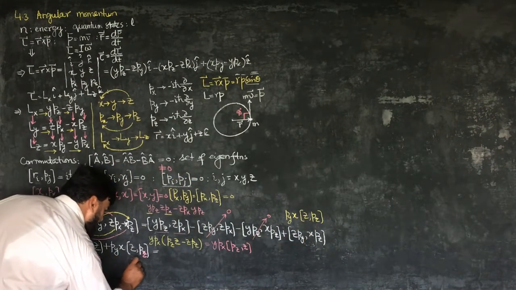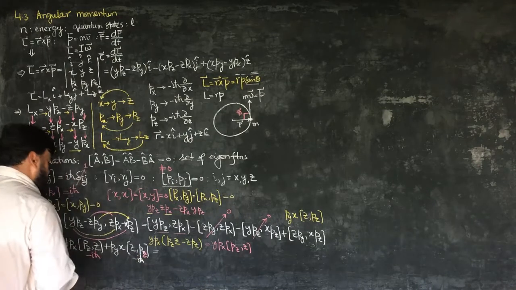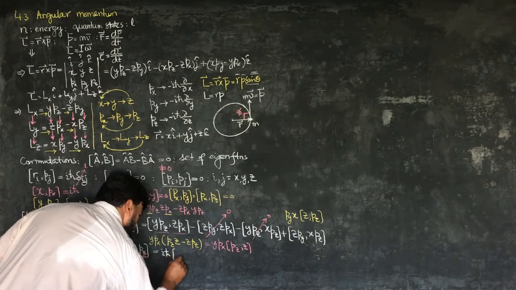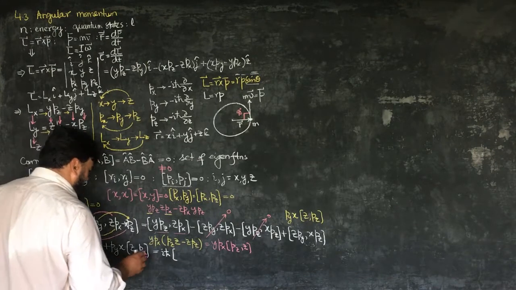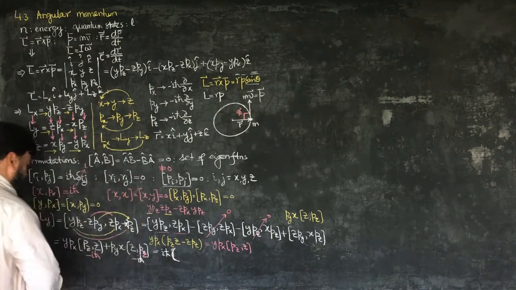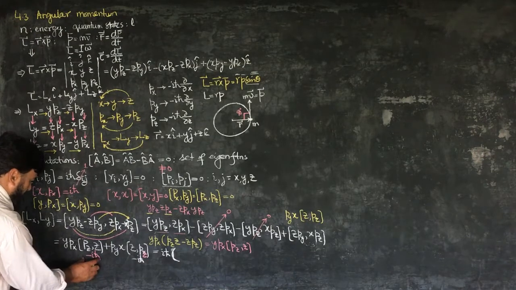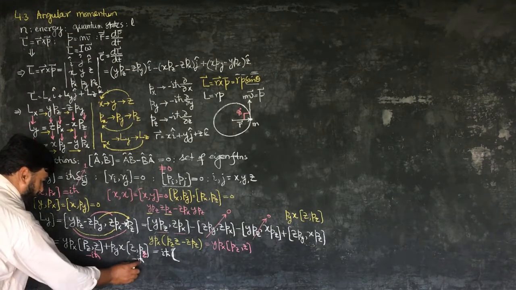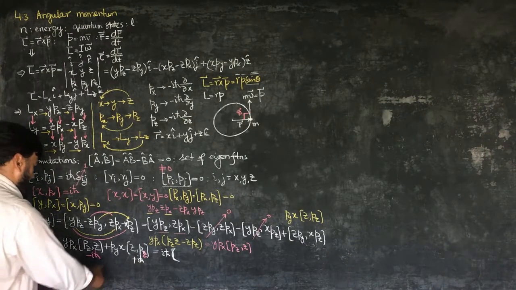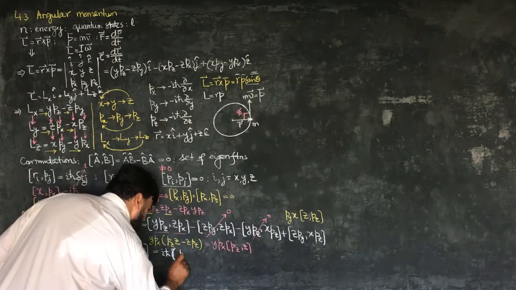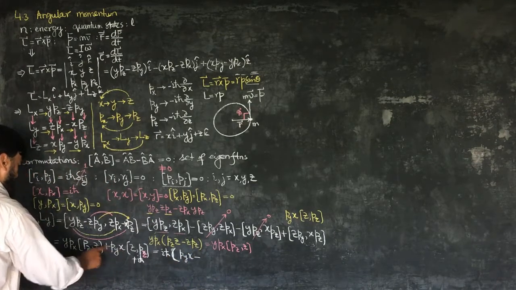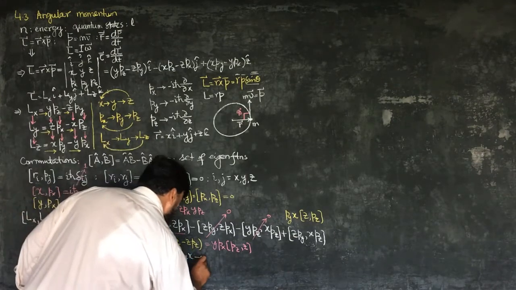So this will be equal to ih bar. If I take ih bar as common, then I will take this bracket, not to confuse with the commutation. And this is ih bar I have taken as common, this one is plus ih bar, so pyx minus ypx.